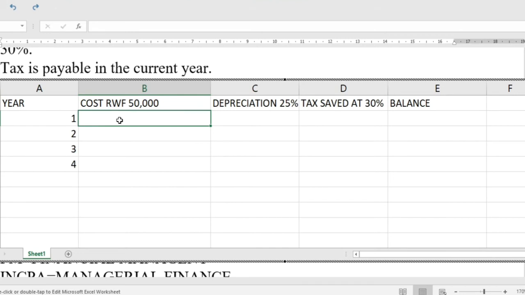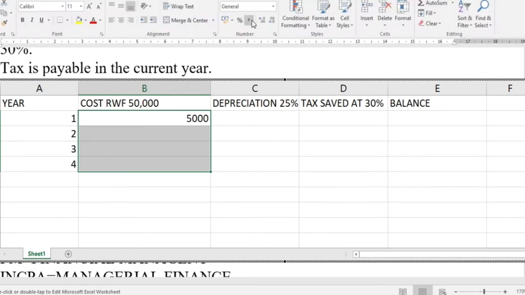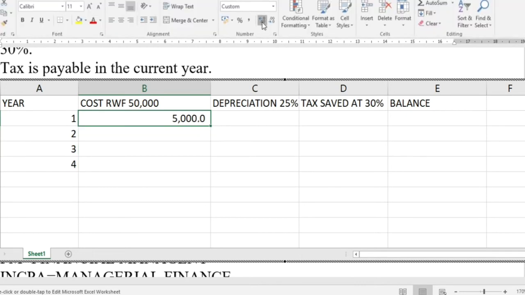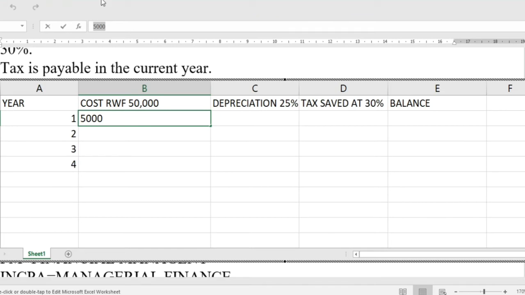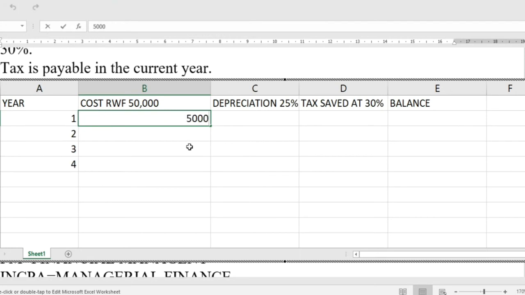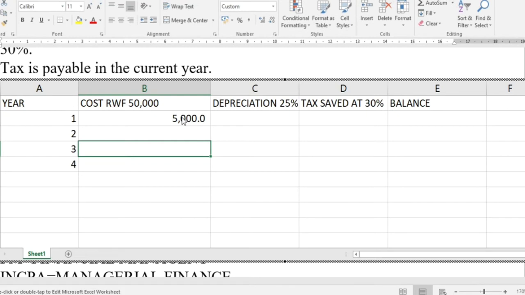This is on year 1. We have a machine that will be 50,000.